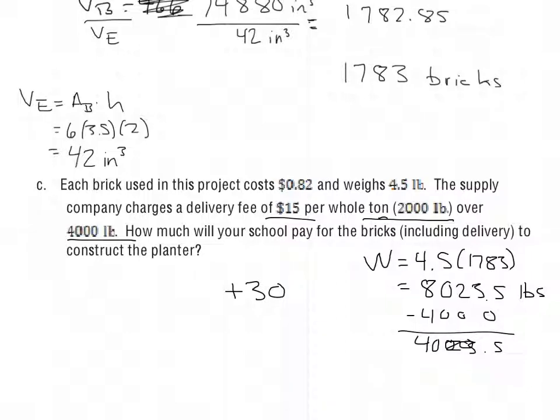Now we want to pay for the price of the bricks as well. Those are 82 cents. So our cost will be the 82 cents times the number of bricks plus the $30 of extra delivery costs. So go ahead and calculate that out.